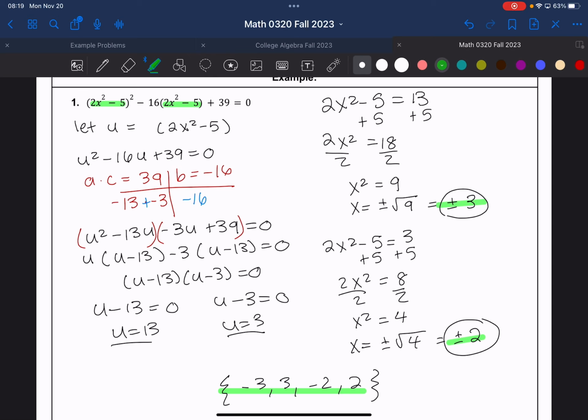So again, this is called u substitution. We're taking an equation that looks like it could be quadratic, and we know that because it has two repeating parts. The 2x squared minus 5 repeats twice. We use that and set it equal to u, solve for a normal quadratic, and then plug in our values we get at the end to get our answers.